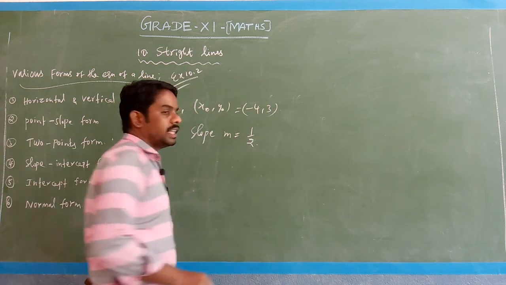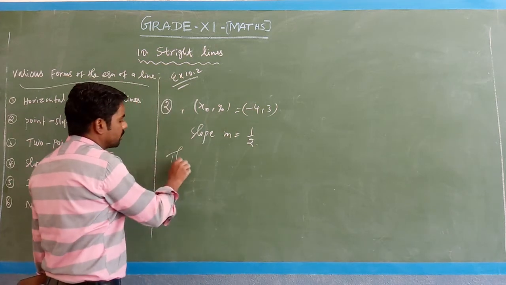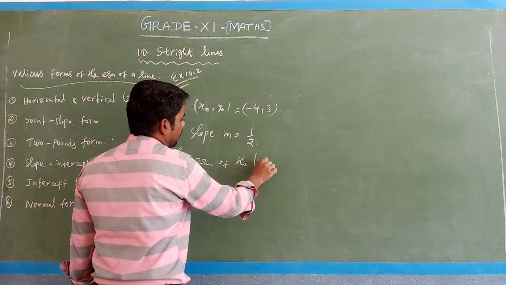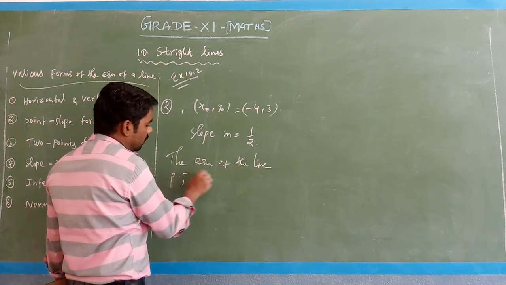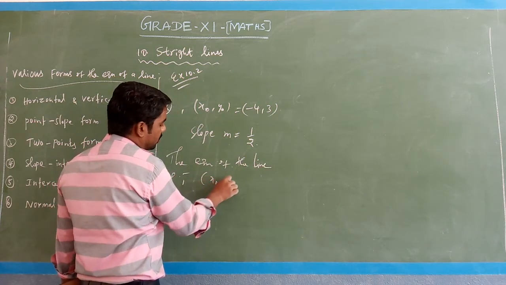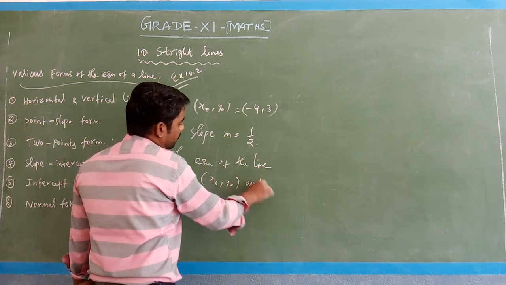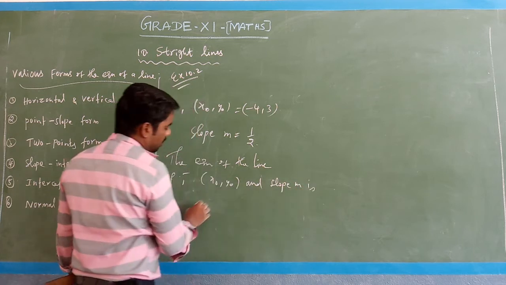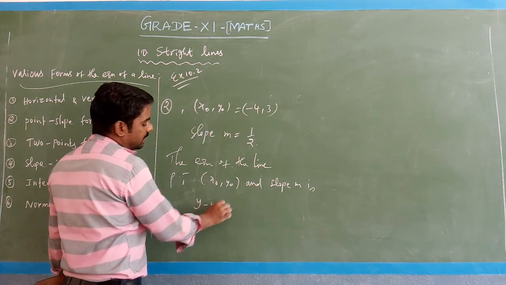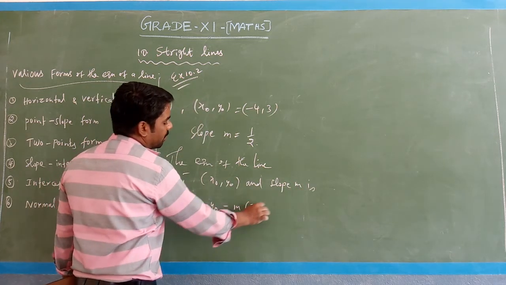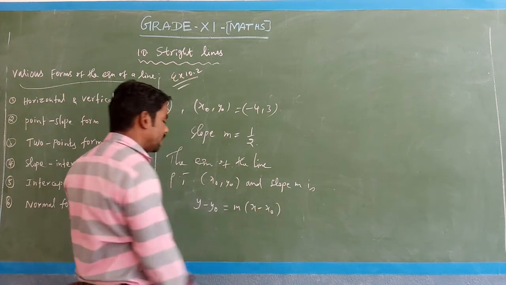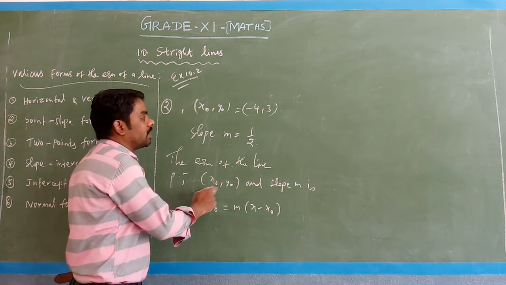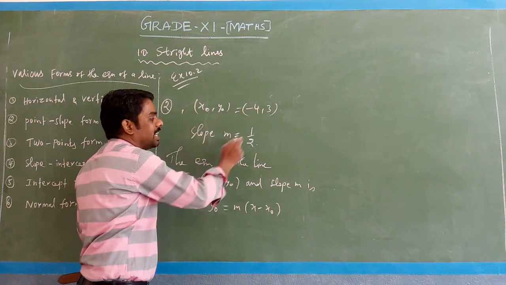So we know that the equation of the line passing through x0 comma y0 with slope m is y minus y0 equal to m into x minus x0. Here the x0, y0 value is minus 4 comma 3 and the m value is 1 by 2.